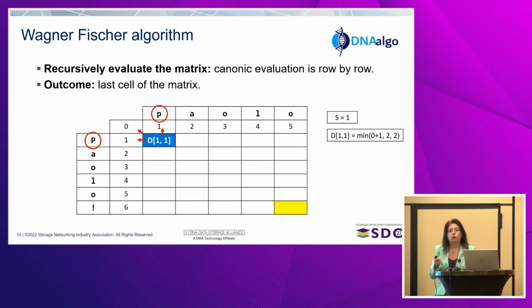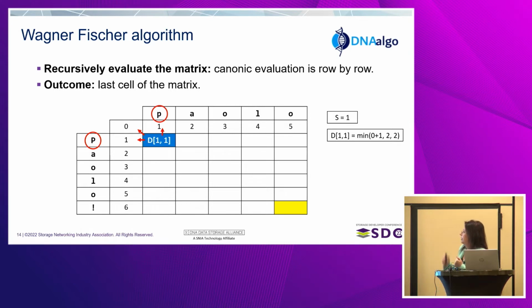So that's what makes the formula, let me say, hard to compute, because we have 3 dependencies. So the second cell will depend also on the first one, and this is why the formula is recursive.